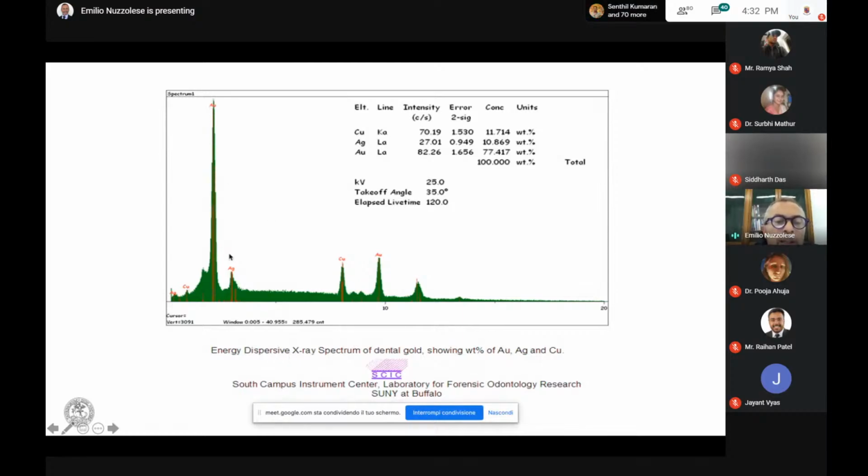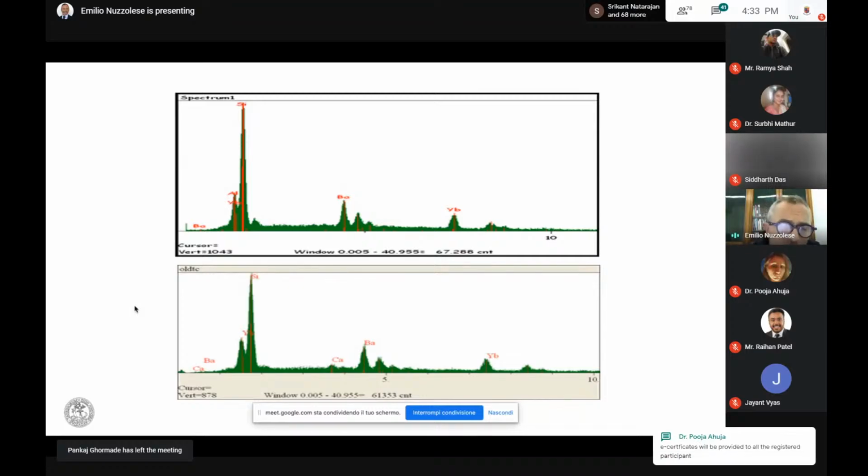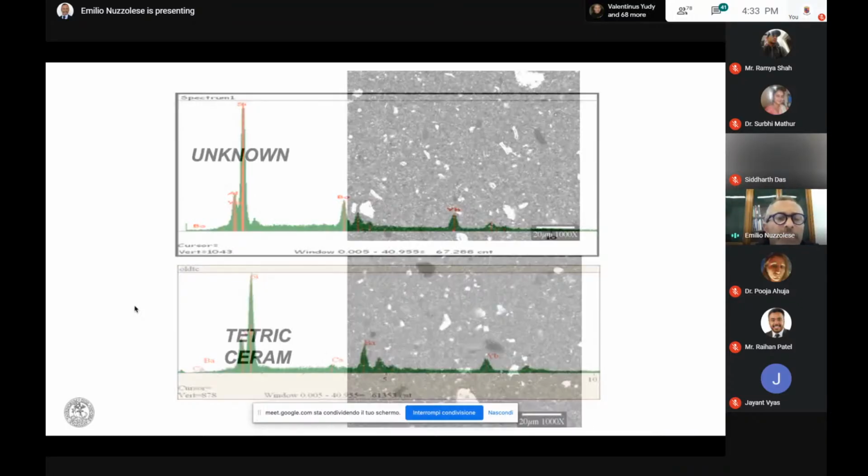You can see gold, silver, and other elements, which can be compared with the composition of the alloy eventually retrieved from the unidentified human remains. And once we establish the brand of the resin composite or of the alloy which has been used for the dental prosthetics, for example, we can have other interesting, useful information which can be used for the identification process.